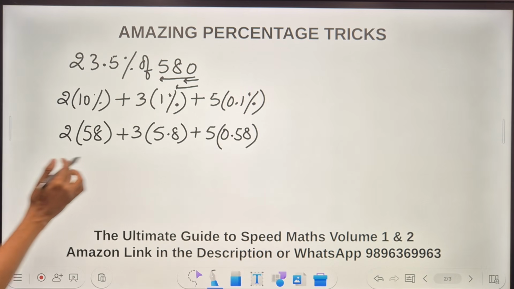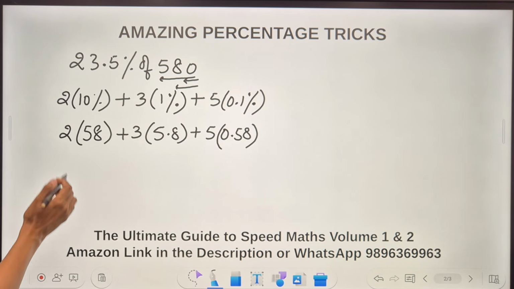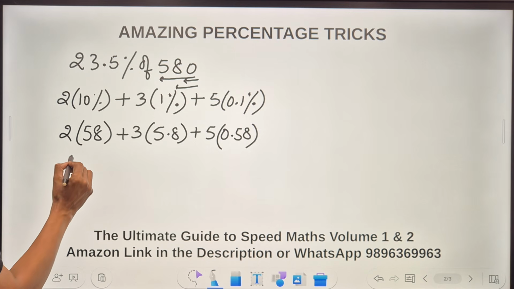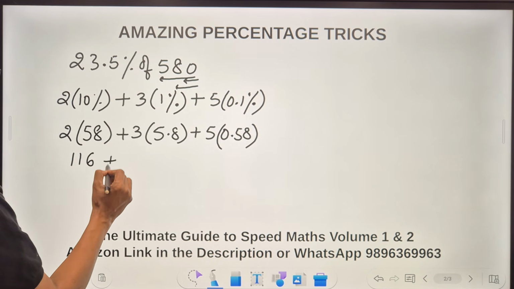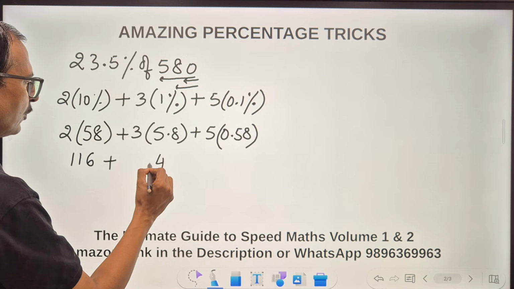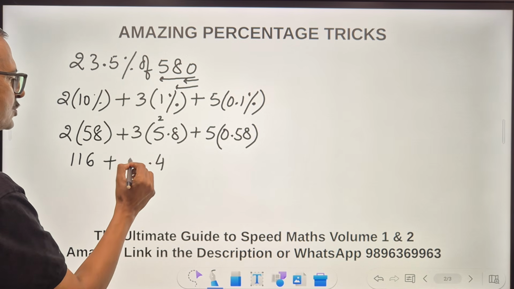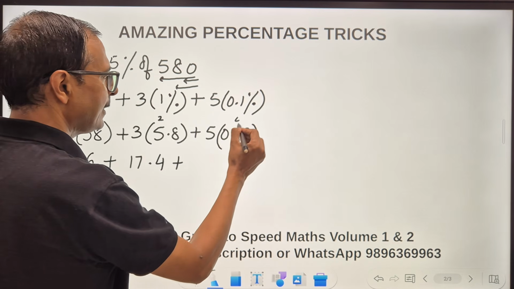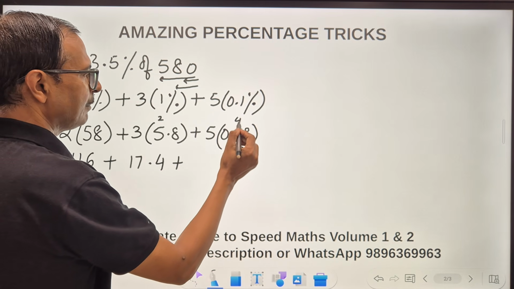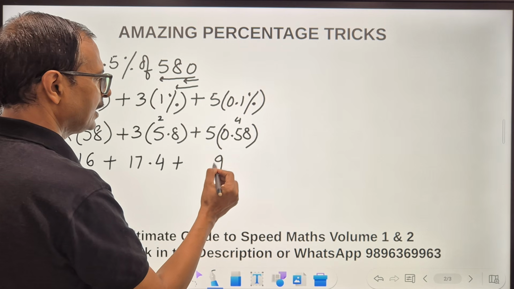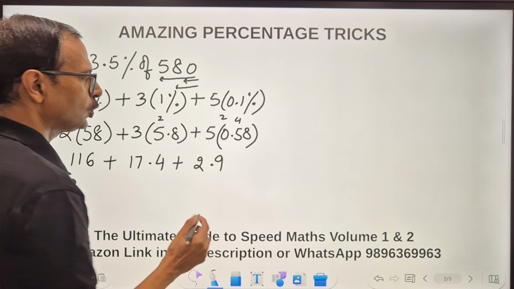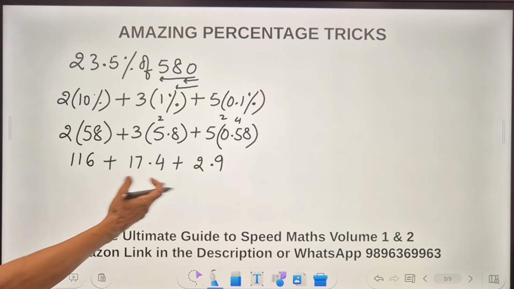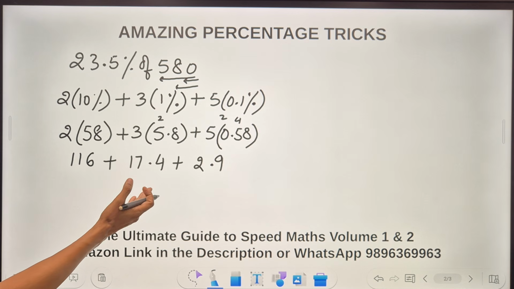And that's it. Now you should be really good in your basic multiplication. So 58 into 2 is 116. And now 3 8s are 24, 4 2 carry, so this is 15 plus 2, 17, and then you have 5 8s are 40, 0 4 carry, so 5 5s are 25 plus 4, 29, 9 2, and then the 2.9. Now just addition of these numbers is going to give us the answer.